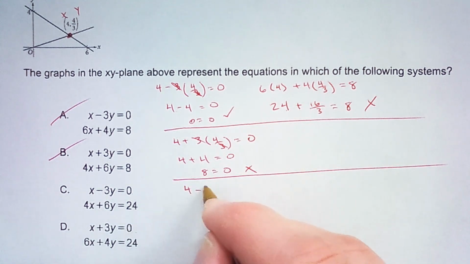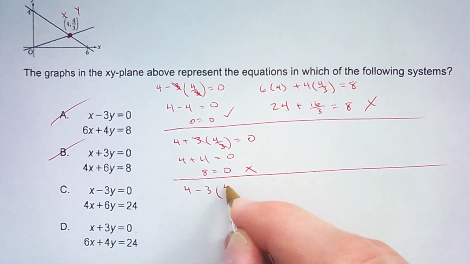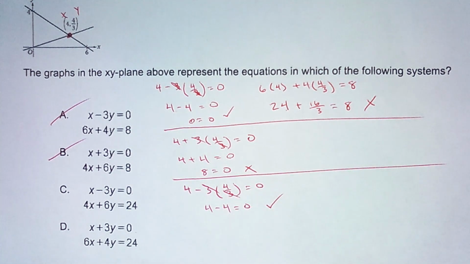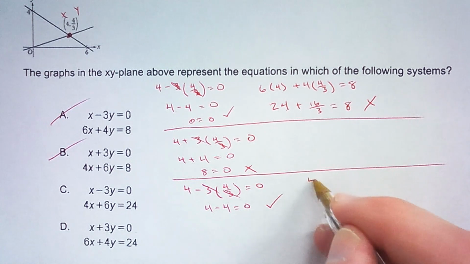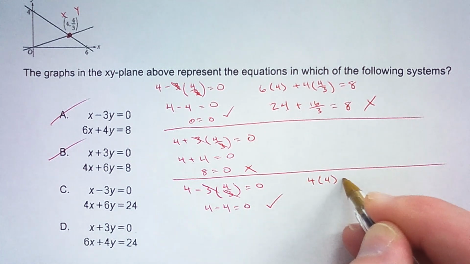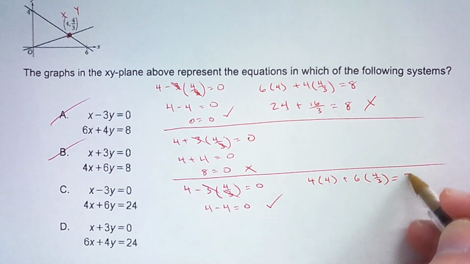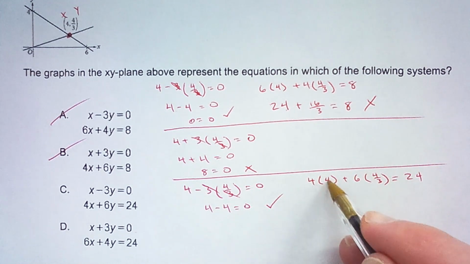Okay, so we have 4 for x minus 3 times y is 4/3 equals 0. So these 3's cancel. 4 minus 4 equals 0, and I know that's true. So we'll move on to the second equation here. So 4 times 4 plus 6 times 4/3 equals 24.